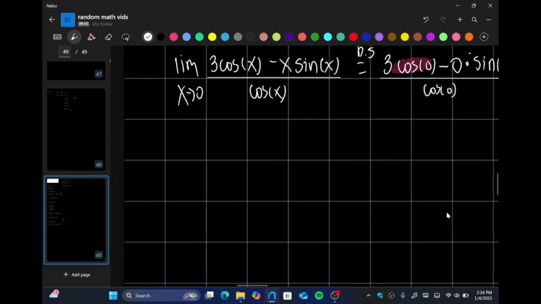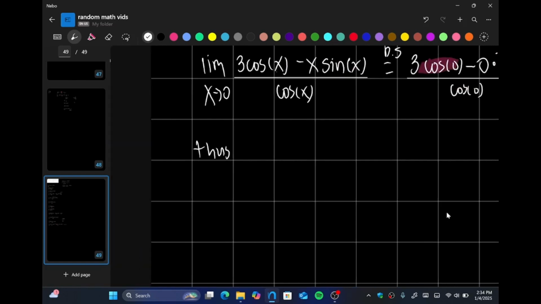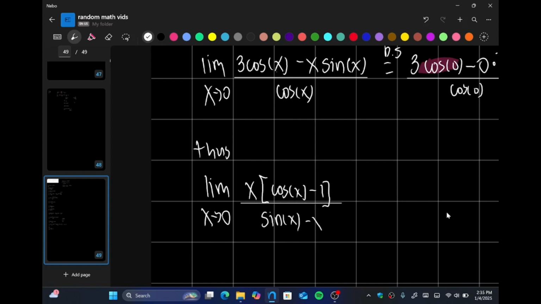So thus, the limit as x approaches 0 of x times cosine of x minus 1 over sine of x minus x is equal to 3.